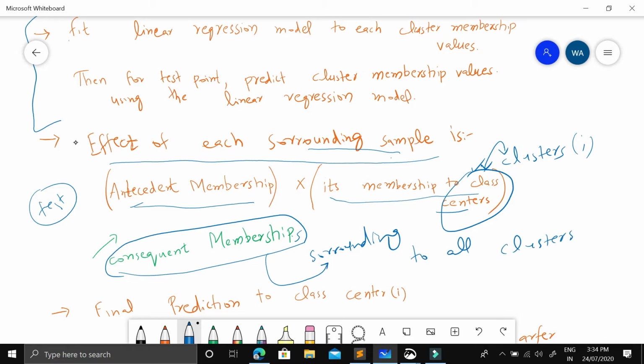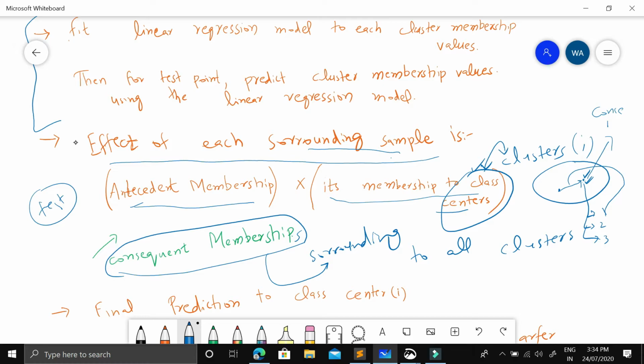So suppose we have this test point, and this is another training point which is in the search neighborhood. First of all, we calculate the antecedent membership. Then this training sample will have some membership to cluster 1, some to cluster 2, some to cluster 3. Suppose we are using 3 clusters. Using this antecedent membership, when multiplied with the cluster 1 membership of this training sample, we get the consequent membership for cluster 1.